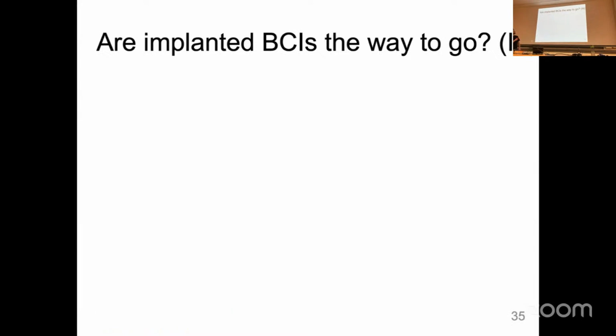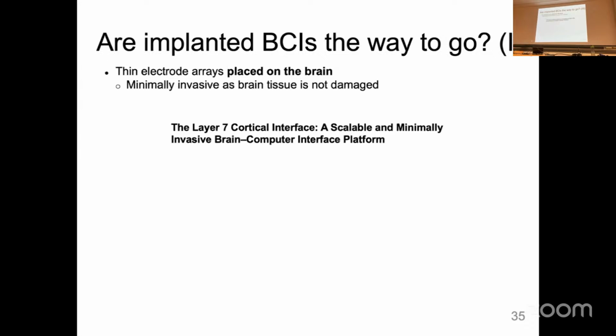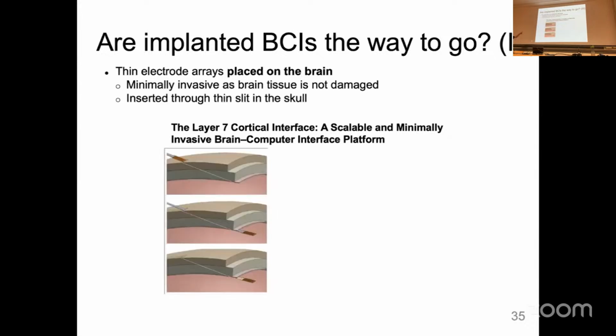All right. Then here, this is a bit like Neuralink. This is a layer 7 cortical interface. These are electrode arrays placed on the brain, so not in the brain. So it's minimally invasive and brain tissue is not damaged, and they are inserted through a slit in the skull, right? And then they rest on the brain and detect data here.